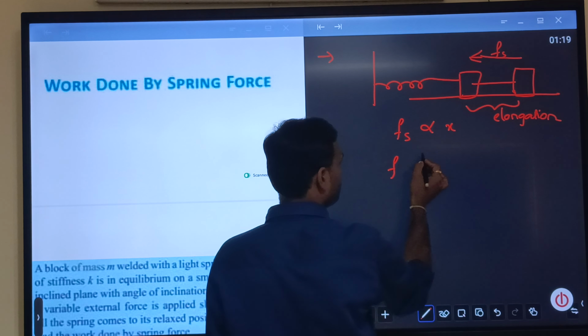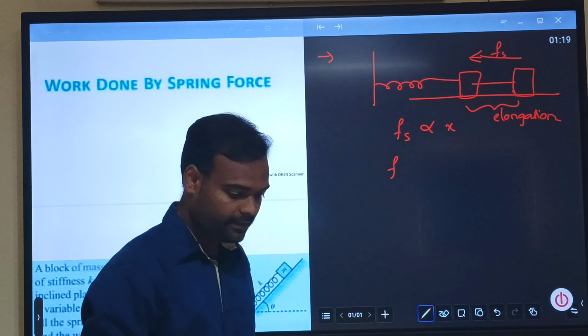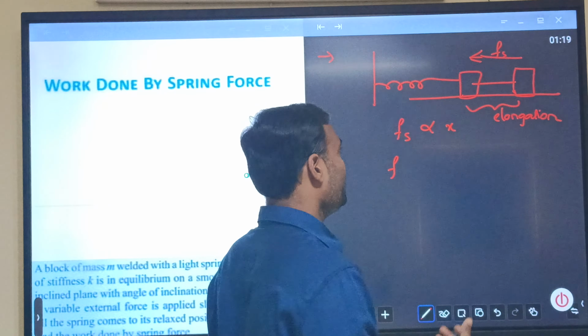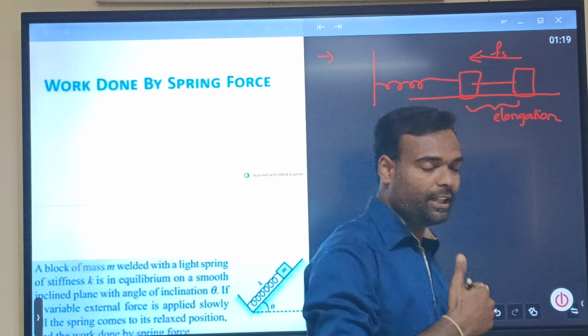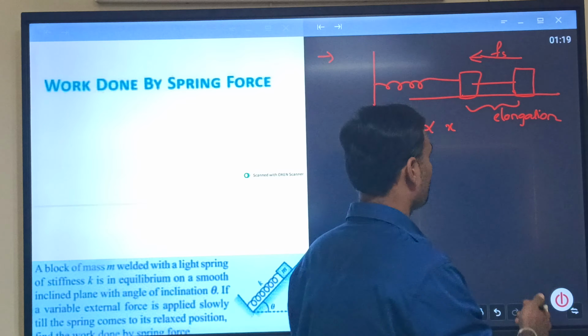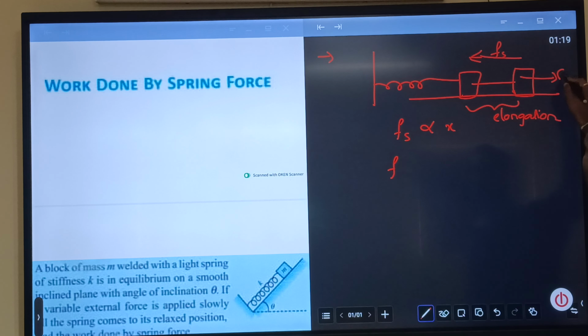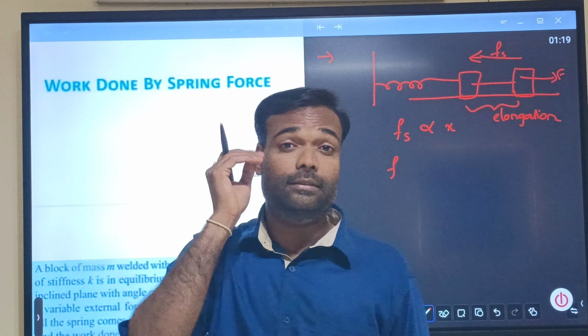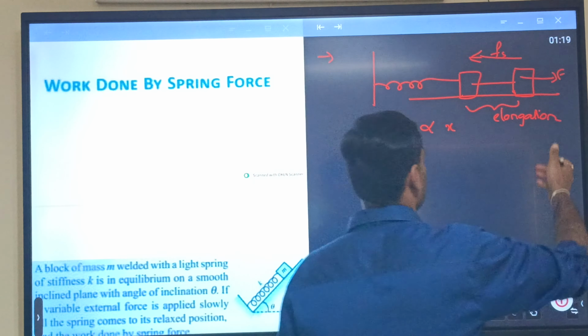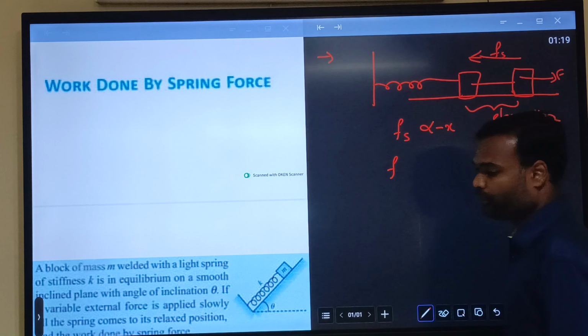Next point, the spring force is trying to pull the object towards its mean position, and the spring force is opposing the external force, because whenever I am applying external force, the spring is trying to pull the object by opposing that external force.